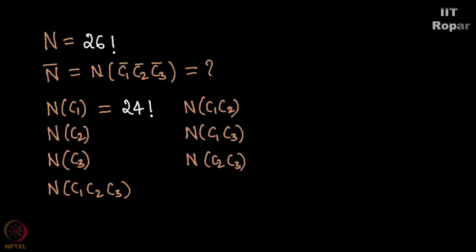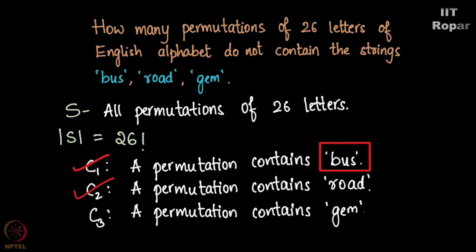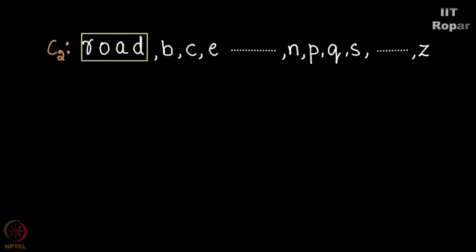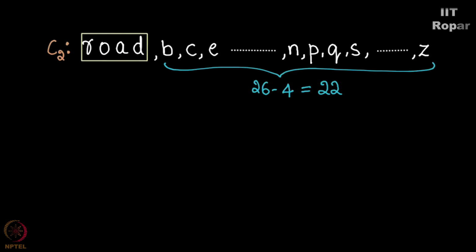n of C2 are those permutations which contain road as a string. Now, following the same way, you see that road is 1 unit. And how many alphabets remain? It is 26 minus 4, which is 22. 22 of them and this as 1 unit is 23.